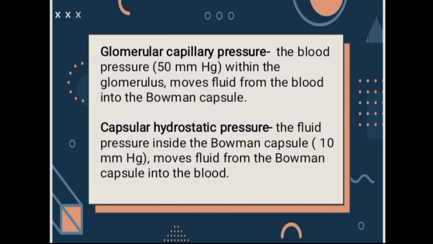As the filtrate is forced into the capsular space, it meets two forms of resistance: the wall of the capsule and the fluid that has already filled the renal tubule. As a result, some filtrate is pushed back into the capillary.